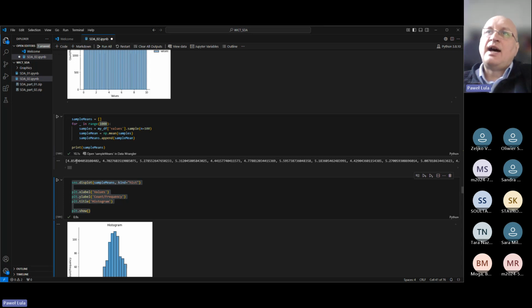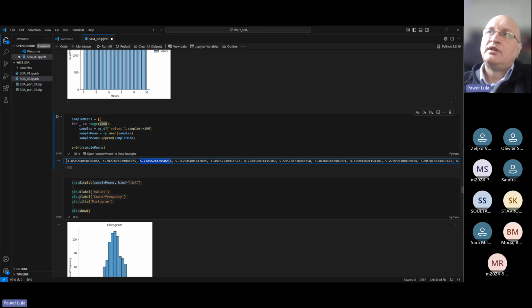And all these mean values are stored in this list. So for every iteration, the average value for these 100 elements is here. During the second iteration, I got this value. During the third iteration, I have the result here.